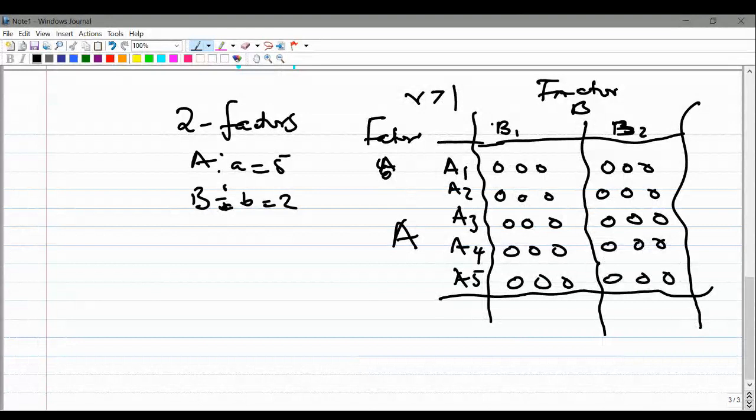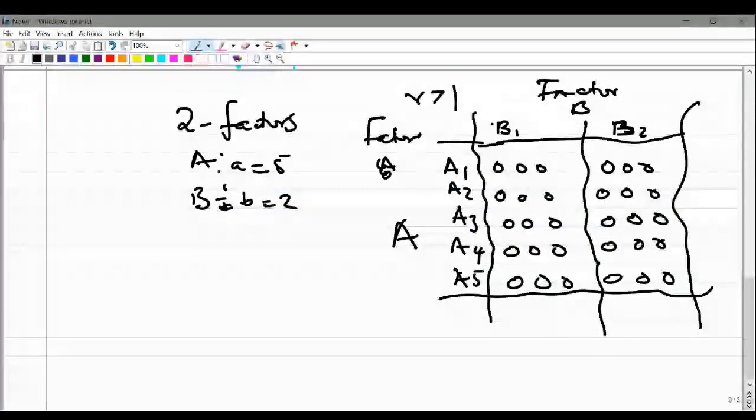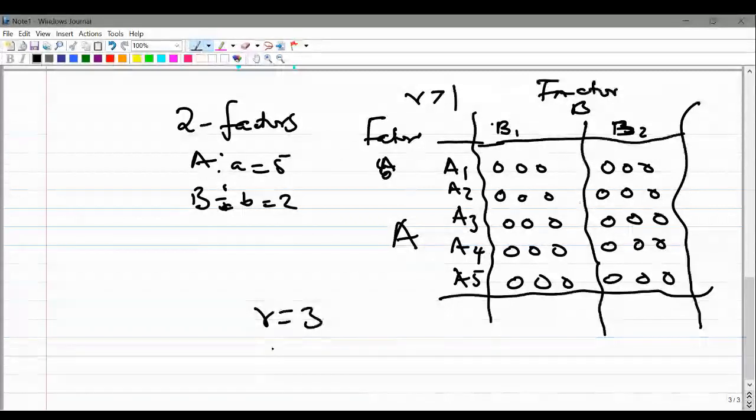As I've indicated, this is similar to what we have been doing with Mr. Ball. So if our R is equal to 3 in this case, what is our N? You can find N by saying A multiplied by B multiplied by R. How many A's do we have?